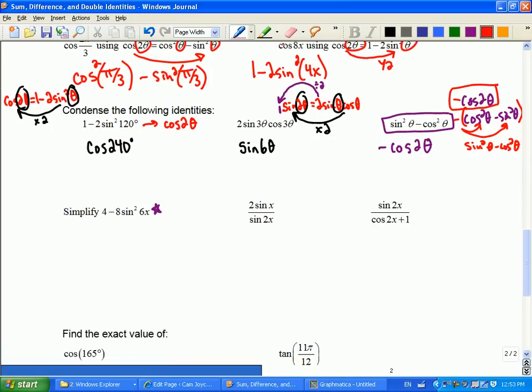So there's a couple ways you can approach the next question. I'm going to show you with the pattern, and then we'll talk about another one as well. The identity I'm going to be looking for is the cosine of 2 theta is 1 minus 2 sine squared theta.